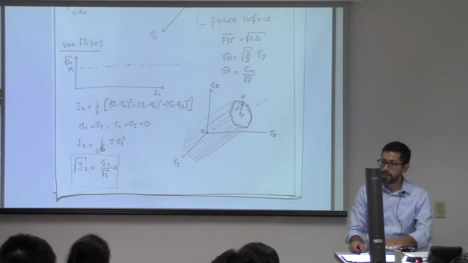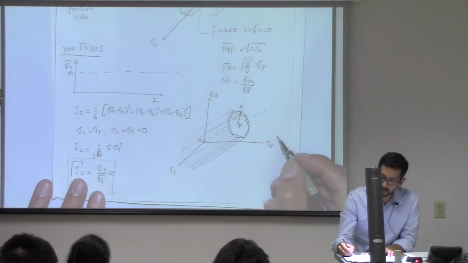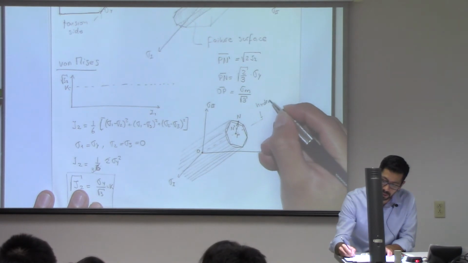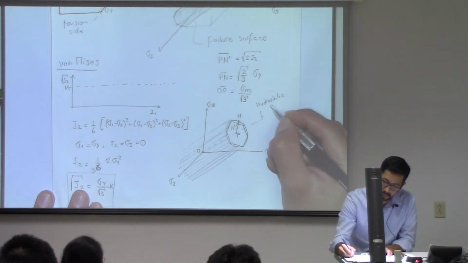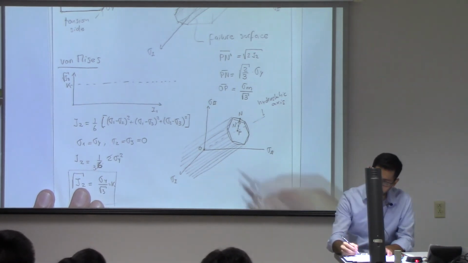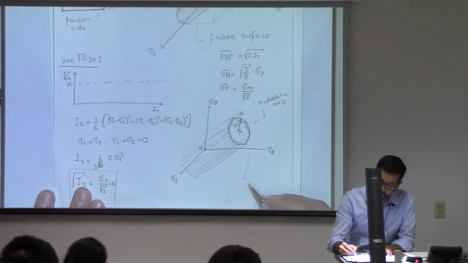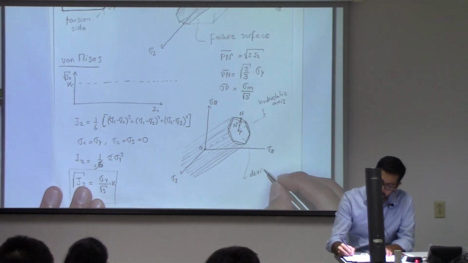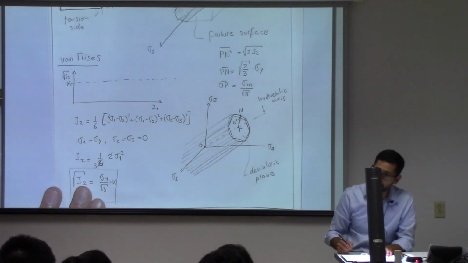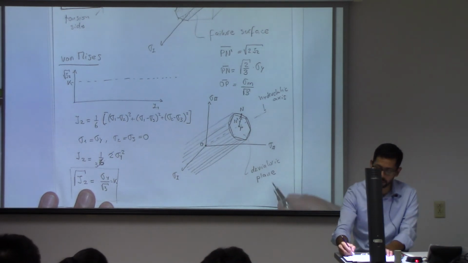So remember that, well, I forgot to say what this plane is. So we said that this is the hydrostatic axis, and perpendicular to the hydrostatic axis, we're going to have this plane, and that plane is called the deviatoric plane, or some other people also call it the octahedral plane, but I like deviatoric plane more.